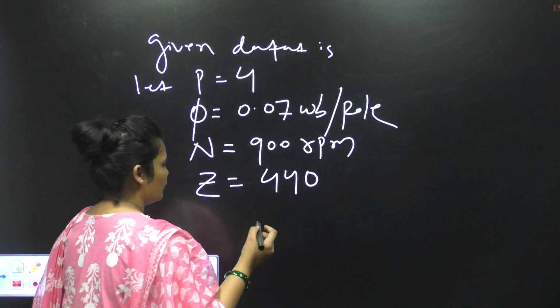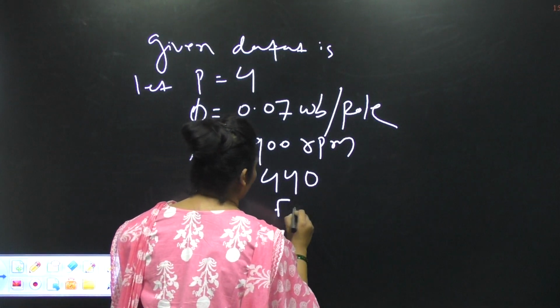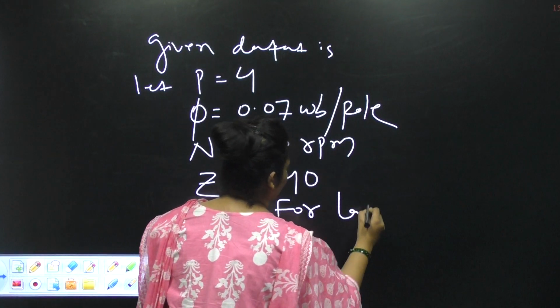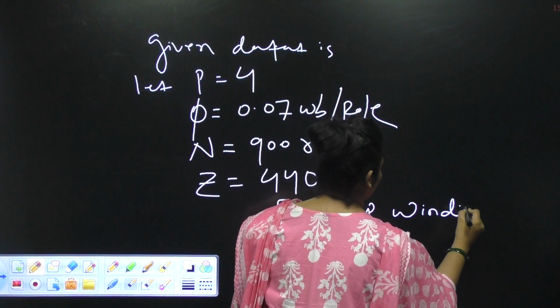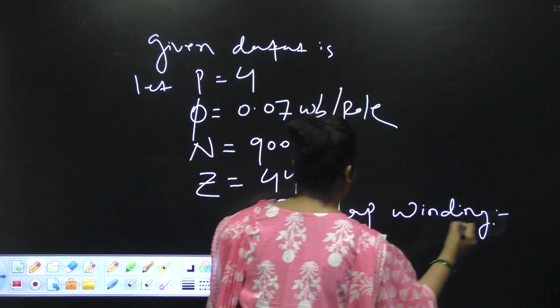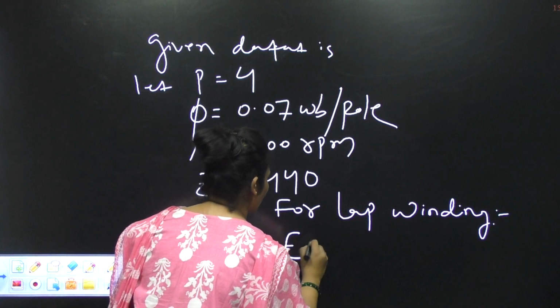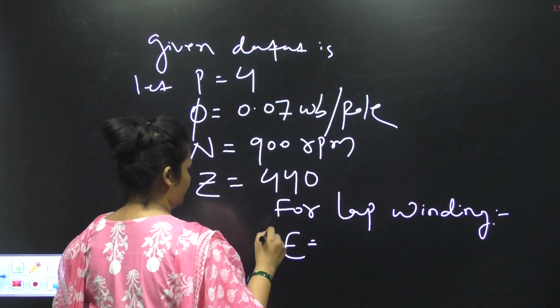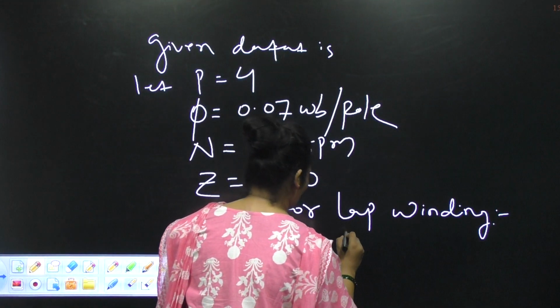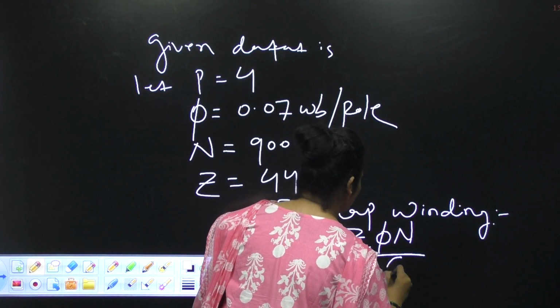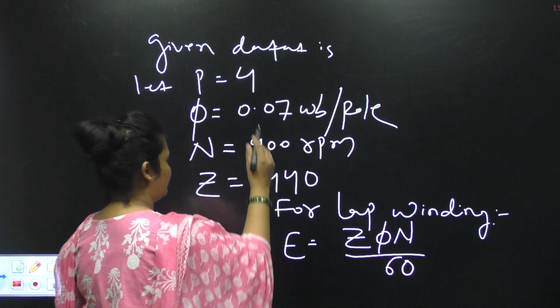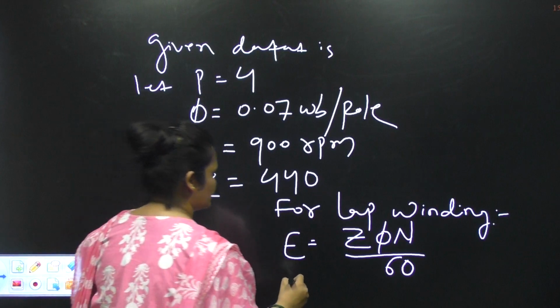First of all, for lap winding. What is our EMF equation of lap winding? That is Z phi N by 60. So put the given data in this equation.